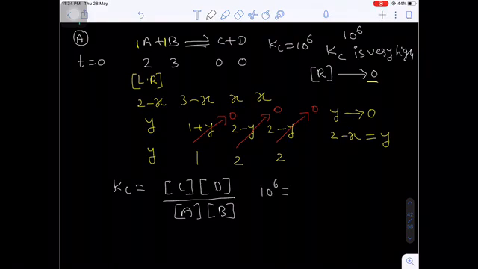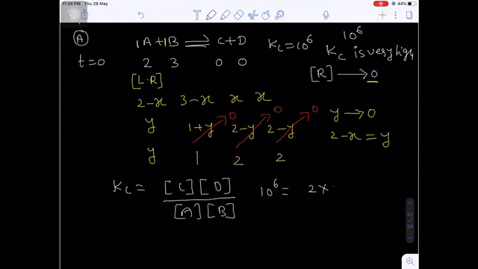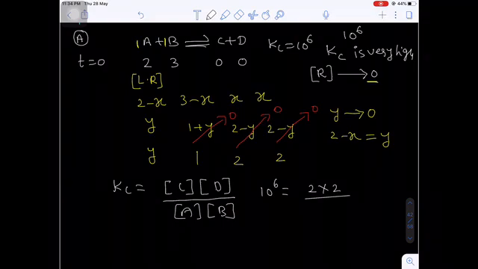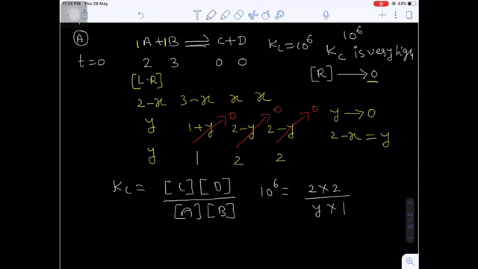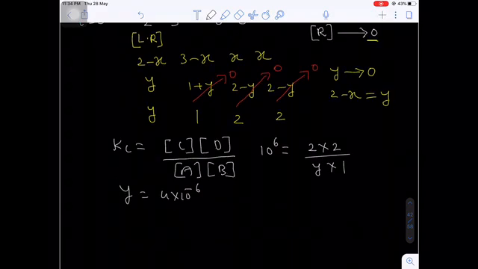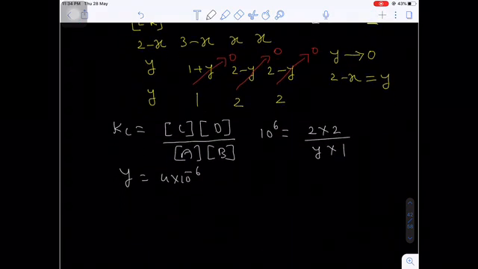The C concentration is 2, the D concentration is also 2, whole divided by the A concentration, which is Y, and the B concentration, which is 1. From here, Y is equal to 4 into 10 raised to minus 6. Are you getting my point? This is the number of moles of Y.